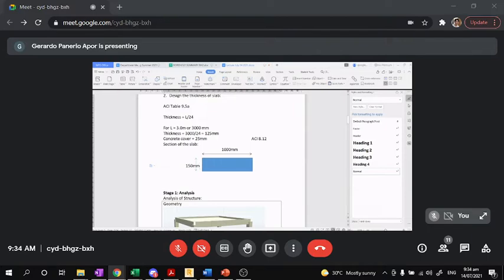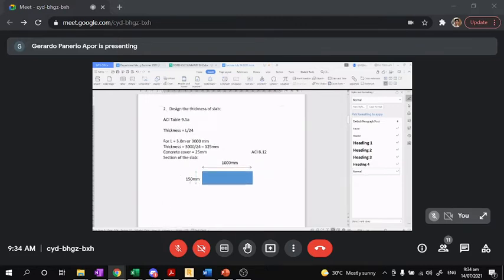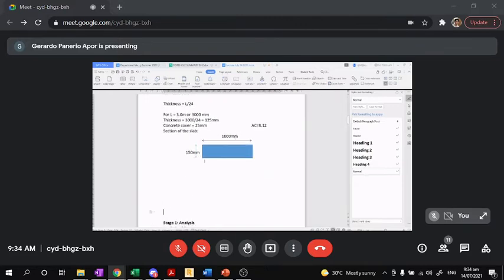Okay, so that is the design section of your slab. So you are going to adopt 1,000 mm by 150 mm.